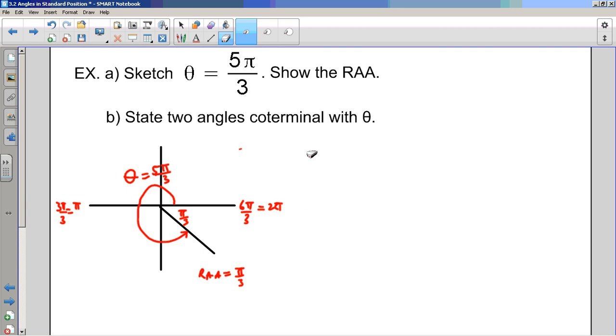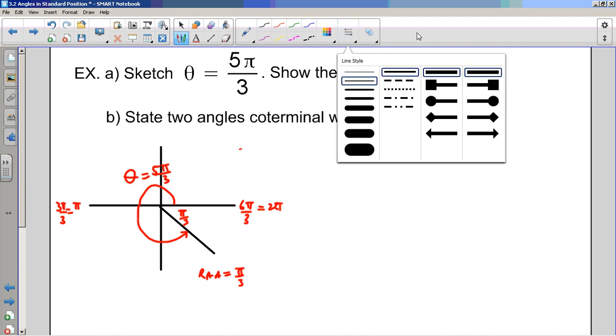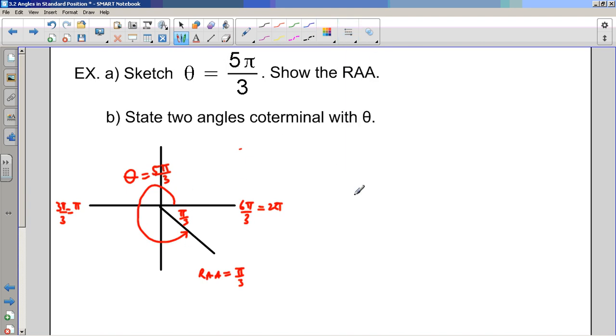Then it says, state two angles coterminal with theta. All right. Well, no problem. We know that there's one of them. I could go 5 pi over 3 after a spin. So here, this angle right here, and I'm trying to figure out where I can start spinning. So a whole spin, and then 5 pi over 3.